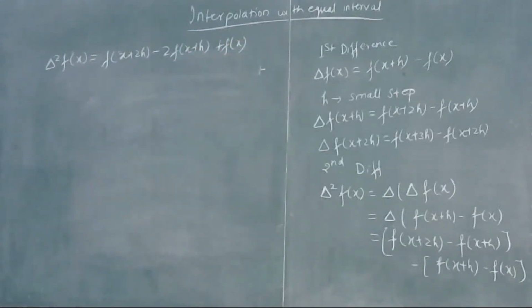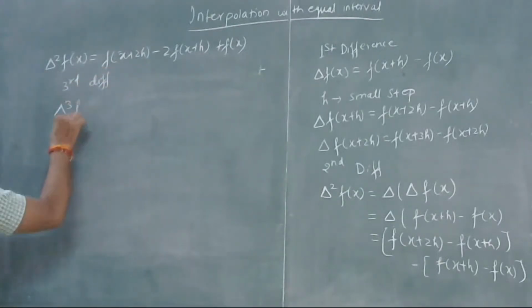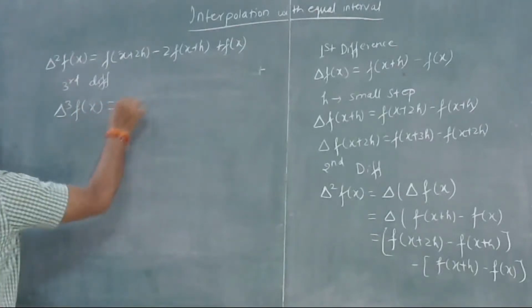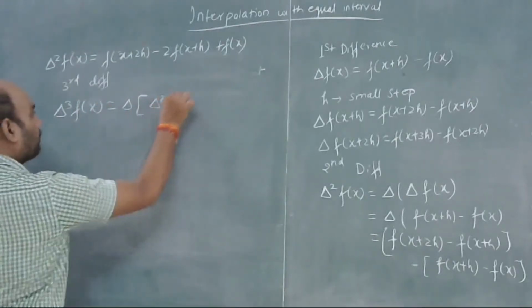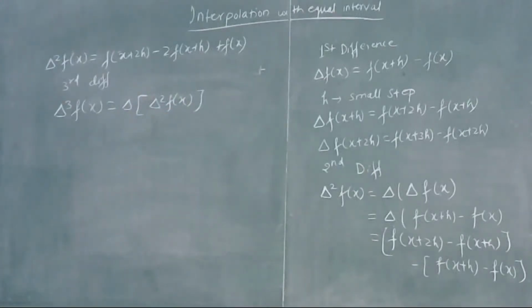This is your second difference, and similarly you can find the third difference. The third difference will be del cube f of x, which is del into del square f of x. Substitute here, increase again and find the difference. So this is your first, second, and third difference. We are revising what we have learned previously.